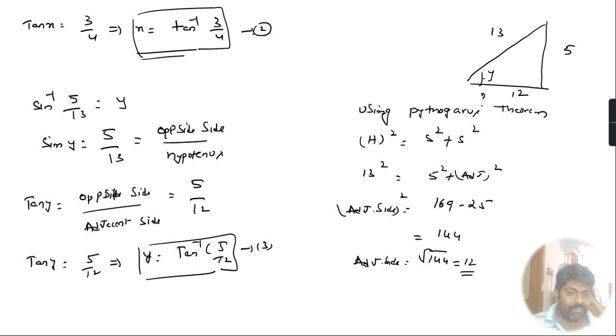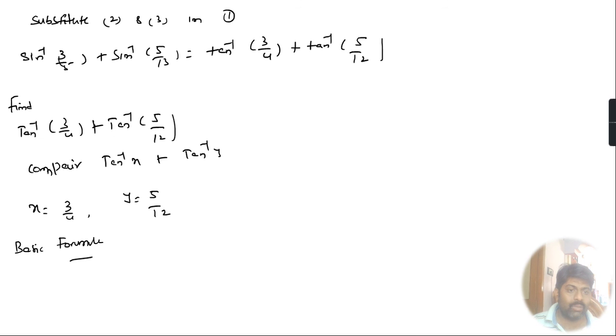Substitute these, equations 2 and 3, in equation number 1. Sin inverse of 3 by 5 plus sin inverse of 5 by 13 is equal to tan inverse of 3 by 4 plus tan inverse of 5 by 12. So we need to find tan inverse of 3 by 4 plus tan inverse of 5 by 12. It is similar to the previous problem.